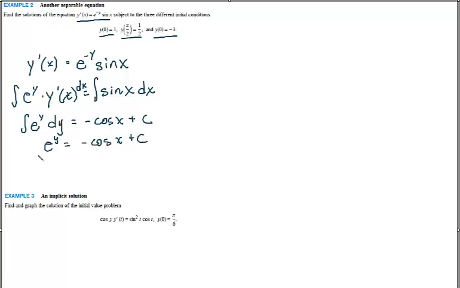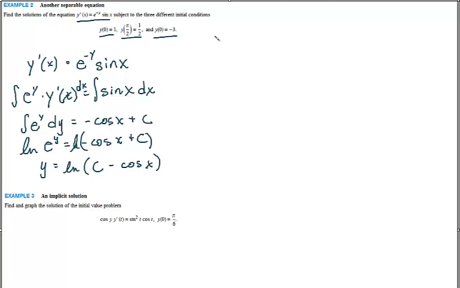I'd like to know what y is, so I will use that old method of taking the natural log of both sides, and then I will get y equals the natural log of c minus cosine x. Now I'm going to subject this to each of these different initial conditions.